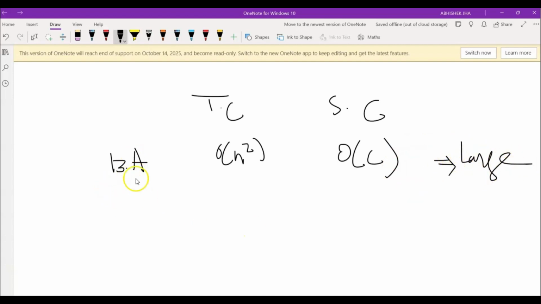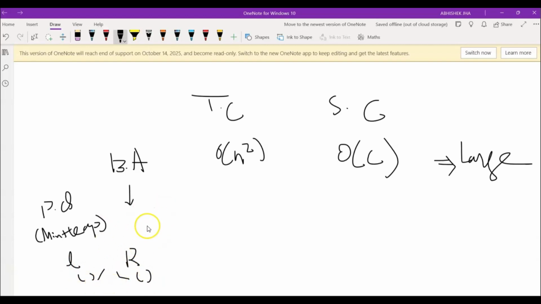So hence we have optimized our approach by using the data structure priority queue. Here in our case we have used min heap. So we have maintained two different min heaps, one from the left and one from the right, and we were trying to grab the topmost value of both these heaps, and we were comparing both the values and calculating the cost. So this was our optimal approach.